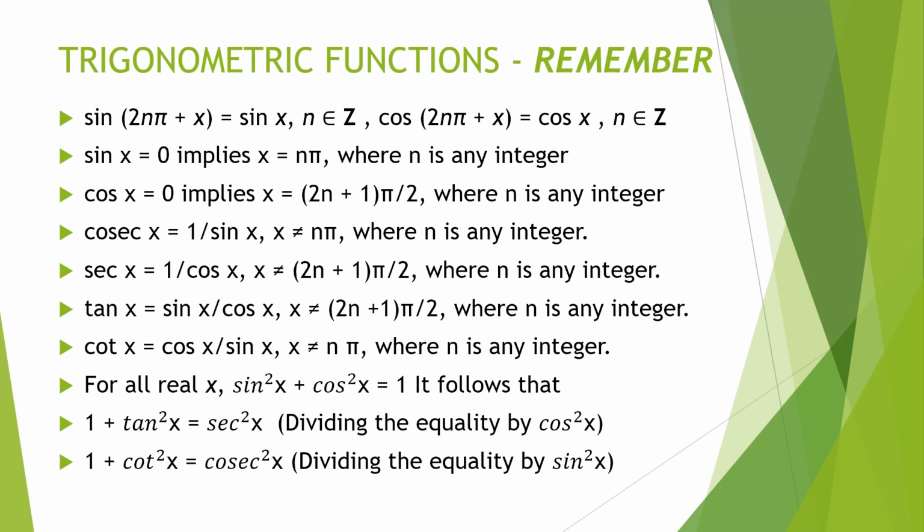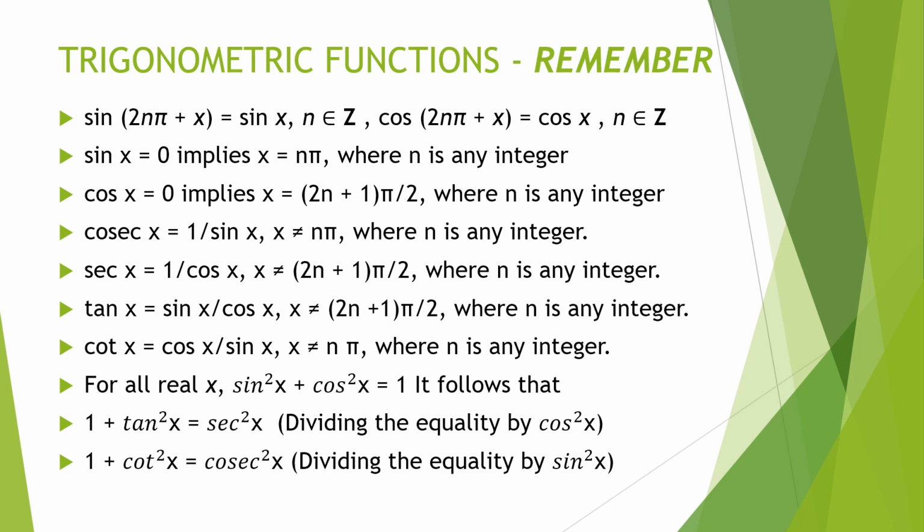That means once the whole revolution is completed, again if you start, you will get the same angles. So sin of (2 pi plus x) will also be sin x, and suppose n is minus 1, sin of (minus 2 pi plus x) will also be sin x. That means after one revolution from 0 to 2 pi, when it is repeated, you get the same value of sine.